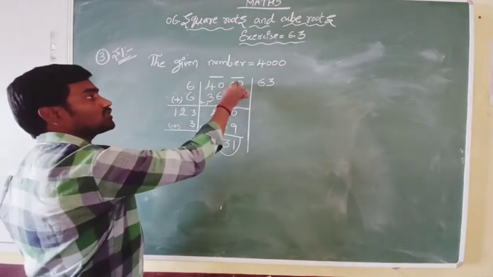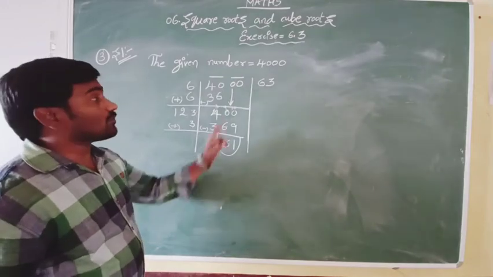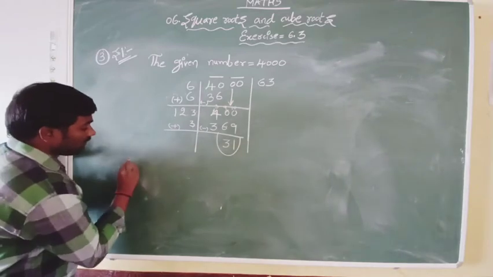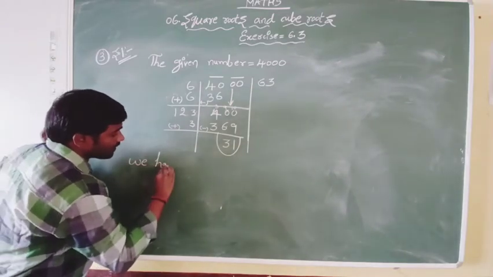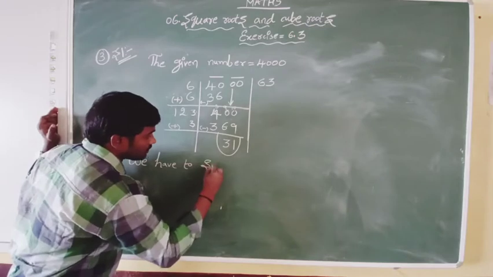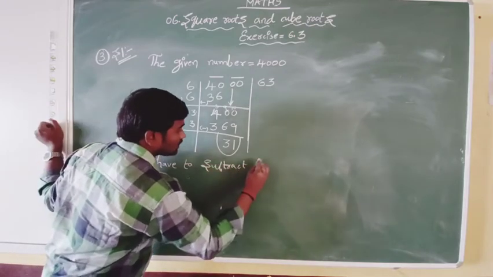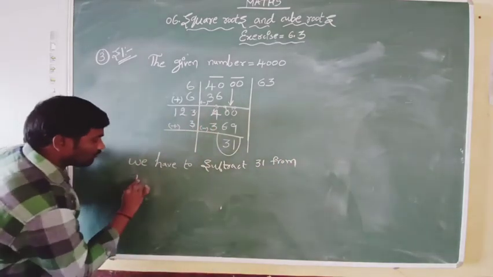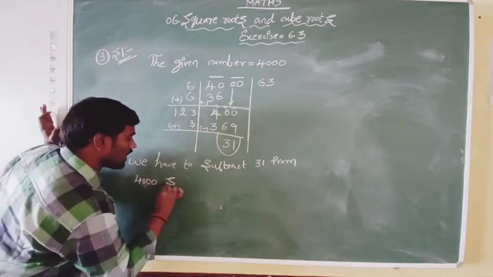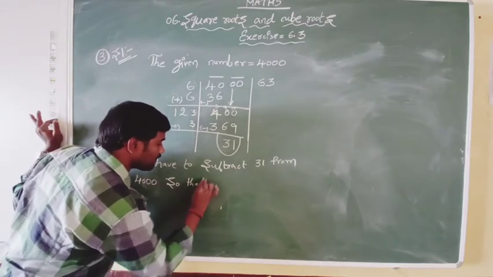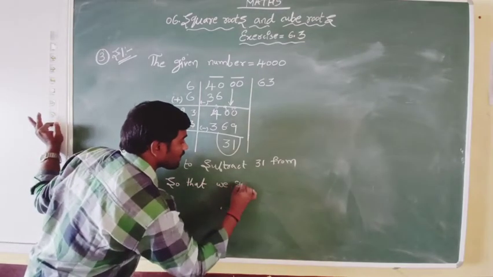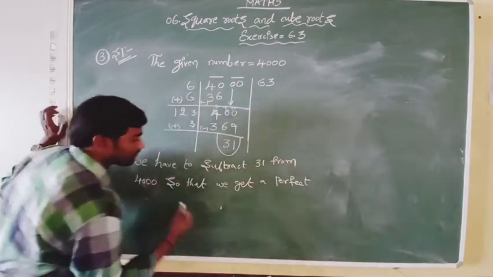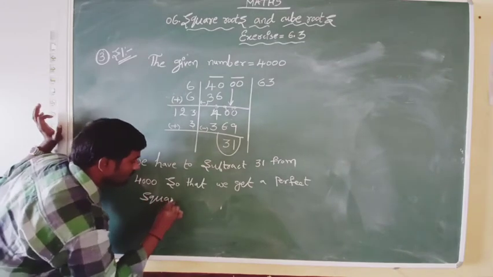So this 31, we have to subtract from 4000, the least number we have to subtract so that we get a perfect square. So we have to subtract 31 from 4000 so that we get a perfect square.